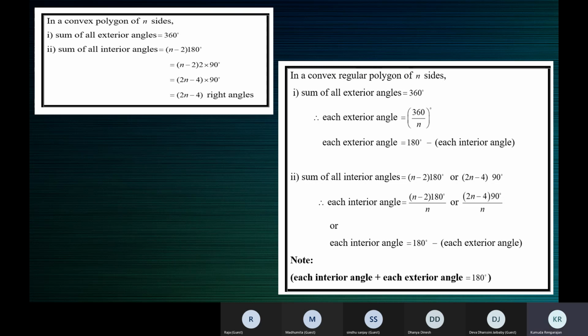Interior angles, the sum of the interior angles is not the same for any 2 polygons. It's always different. The sum of all the interior angles is given by (n minus 2), number of sides minus 2, into 180. You can remember that (n minus 2) into 180 degrees, where for n you will have to substitute the number of sides of that polygon.